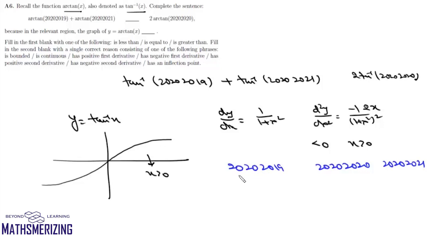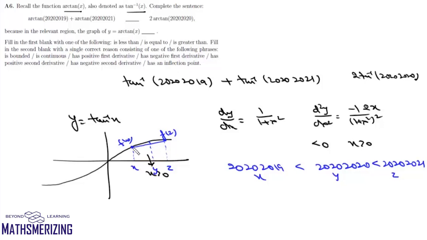Now in this question, we are given three numbers, 2020^2019, which is less than 2020^2020, and it is less than 2020^2021. Now we consider these three numbers, say x, y and z. Suppose this is x, this is y and this is z.